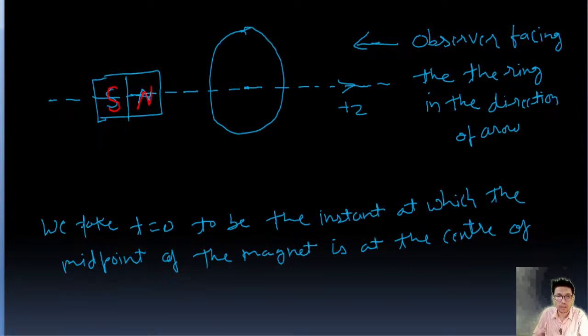Okay, so this is the circular wire in the xy plane, and there is a bar magnet which is moving along the z direction of the loop. This is the north pole, and this is the south pole of the bar magnet. Okay, here is the observer. The observer is facing the ring in the direction of the arrow.